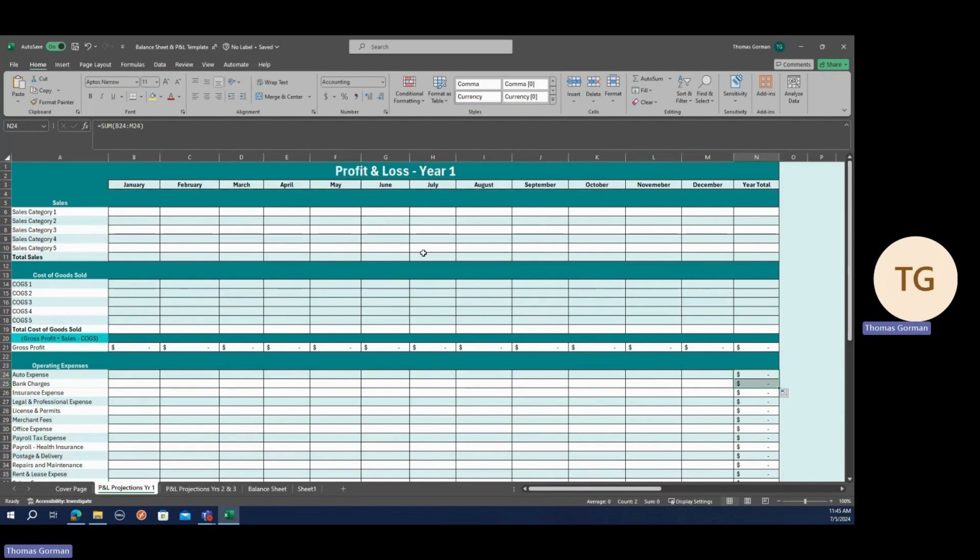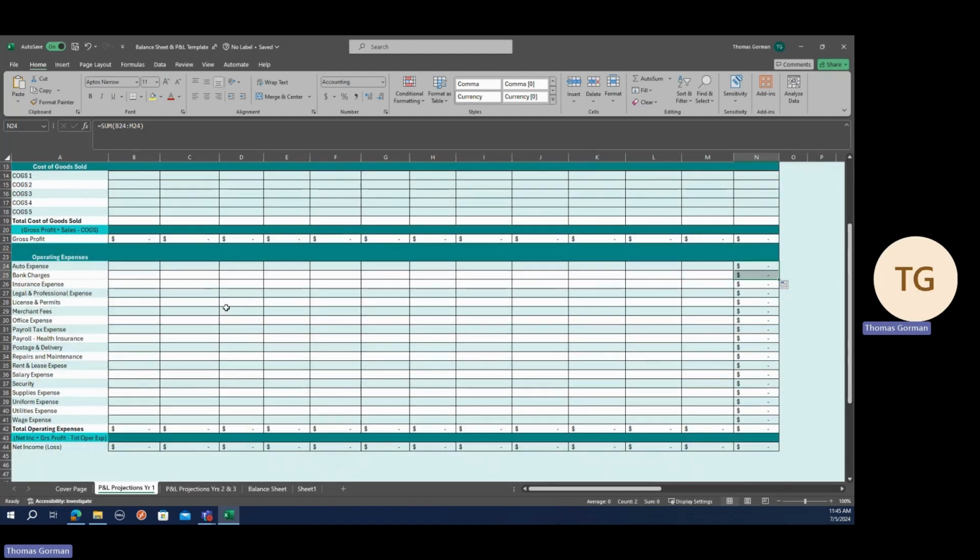You don't know what the cost of goods sold is going to look like. You don't even know what types of operating expenses you're going to need. And so the way I look at things, for a startup in this situation, the best place to start with your projections is the operating expenses.